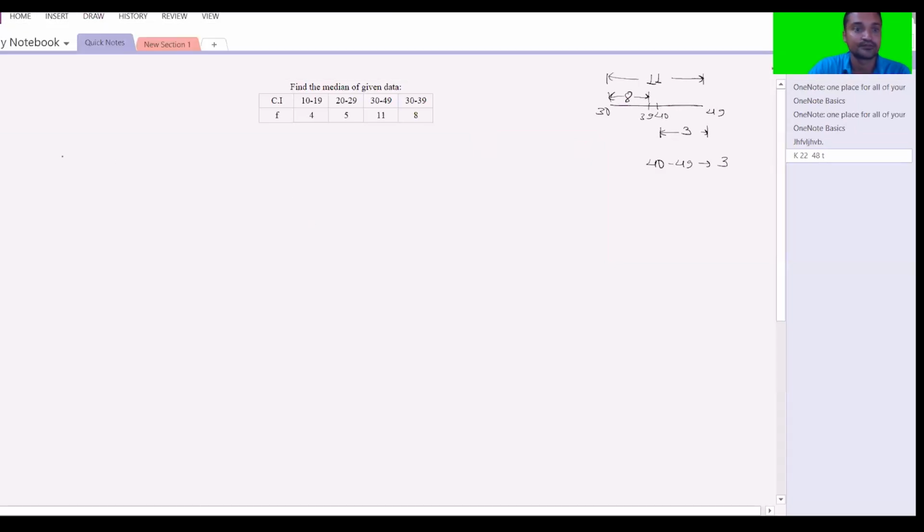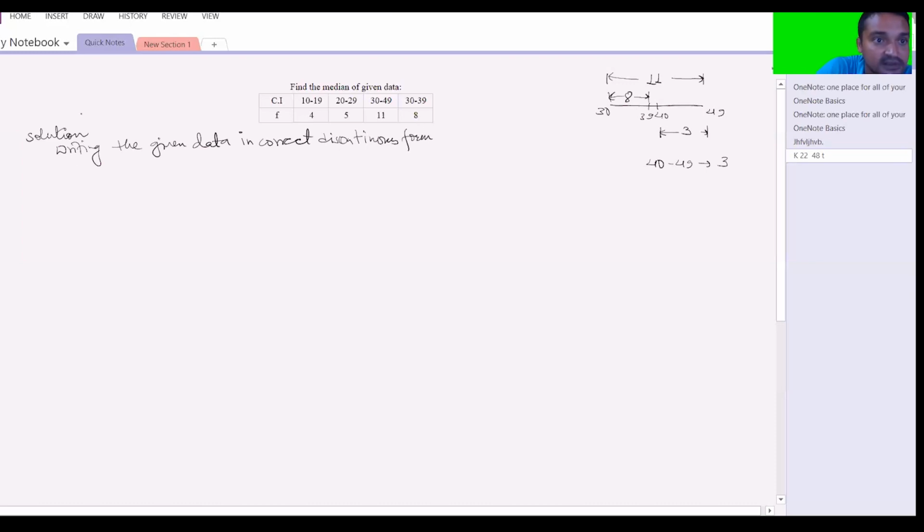Now, solution. Writing the given data in correct discontinuous form.